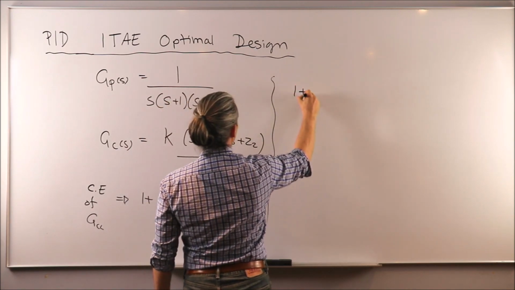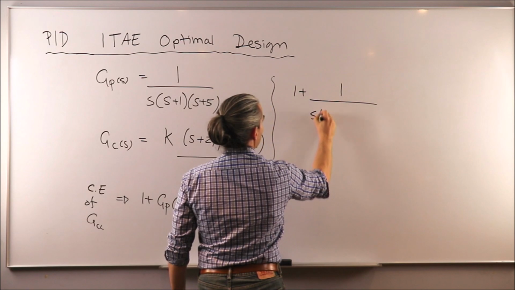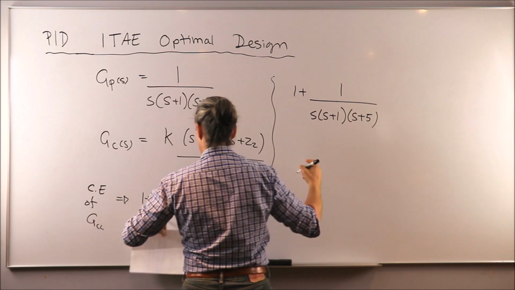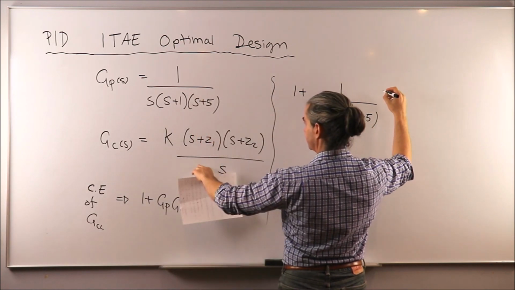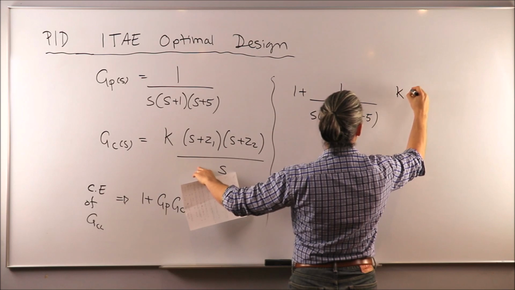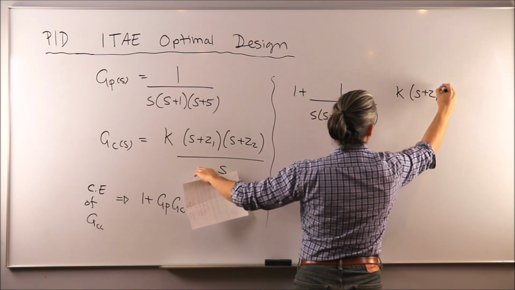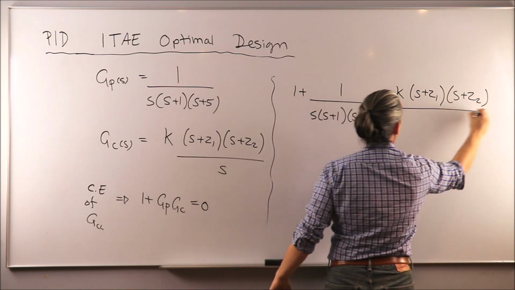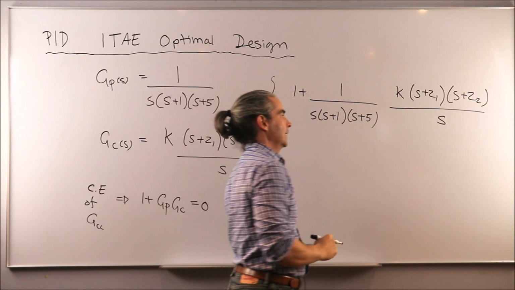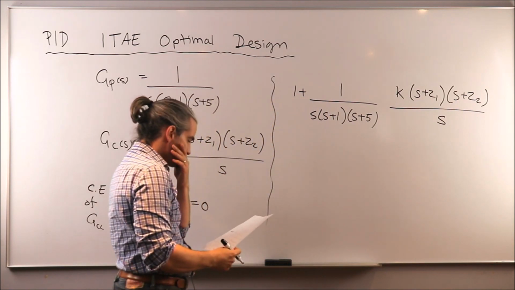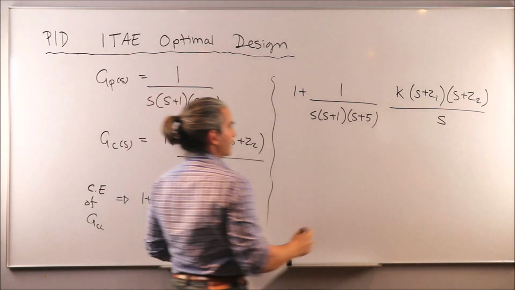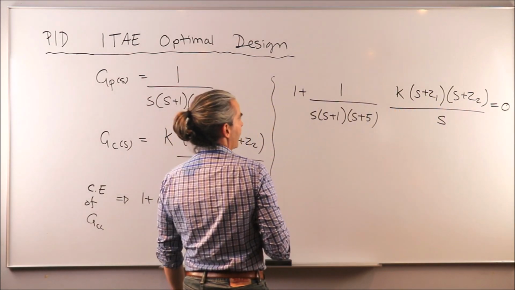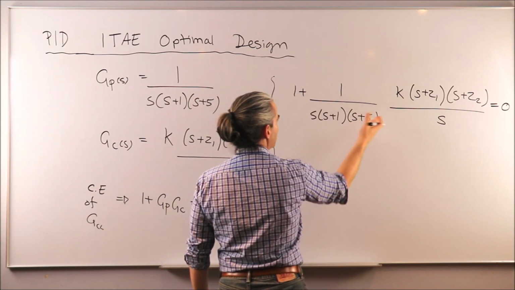Not too bad. So 1 plus our plant transfer function, same old, times our controller, which is k times (s plus z1) times (s plus z2) over our integrator, equal to 0, because this is the characteristic equation. Okay, so let's put everything onto the same denominator.